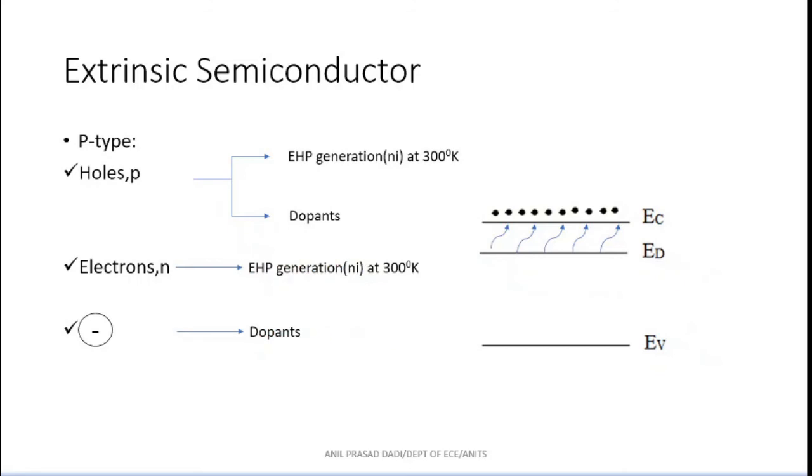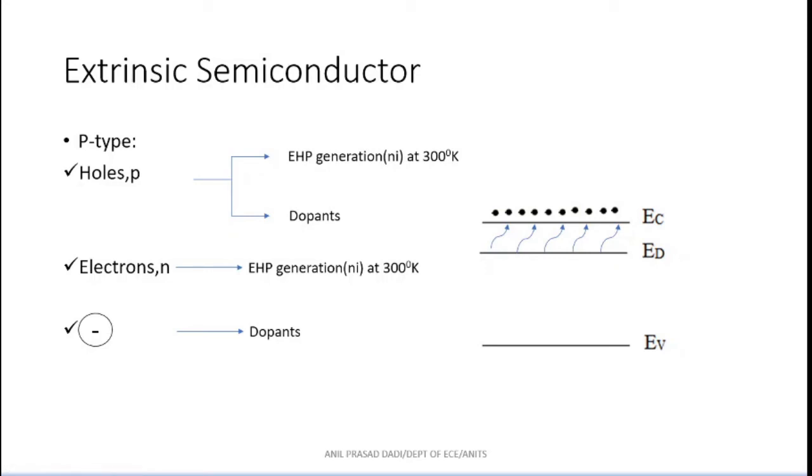Okay, so now let us understand why the p-type semiconductor gets the name P. Why is the name P coming into the picture? The holes being generated in the p-type semiconductor are due to what phenomena? One is that at room temperature there will be some electron hole pair generation, which is required for ionization of your atoms.